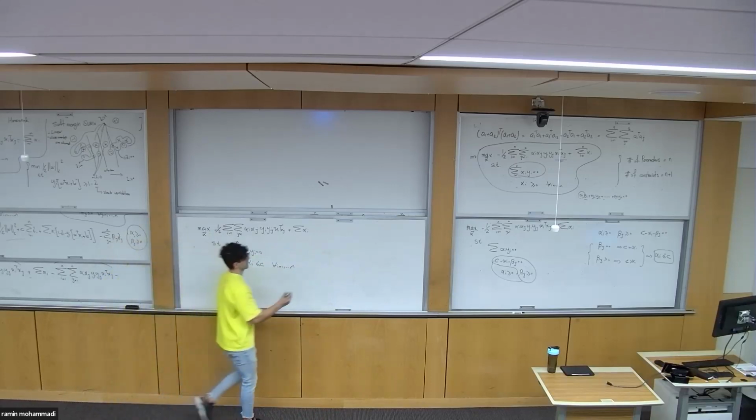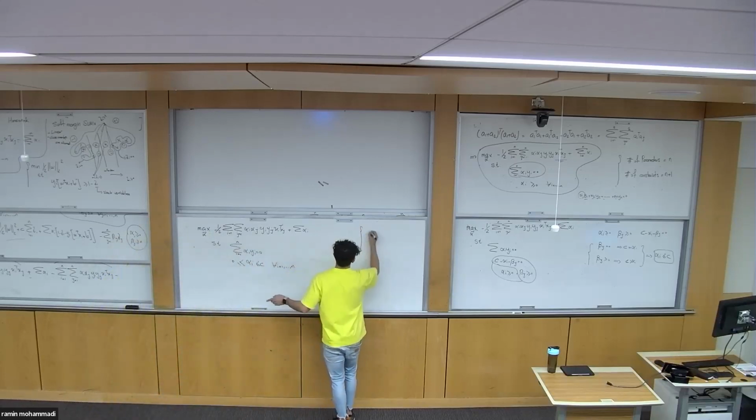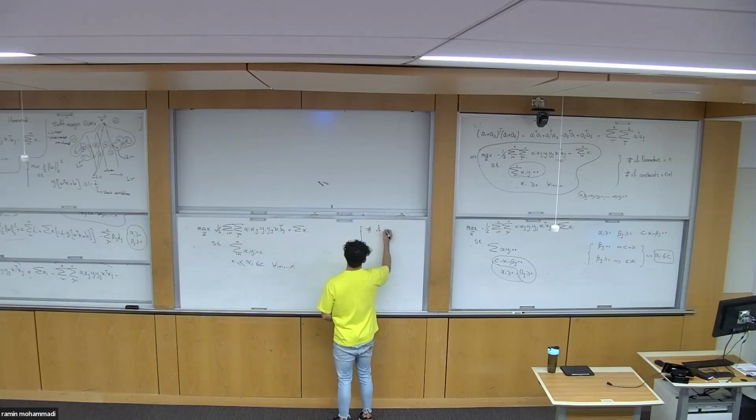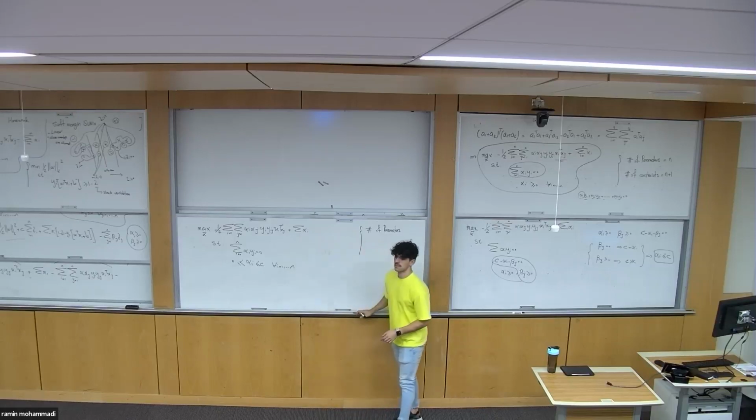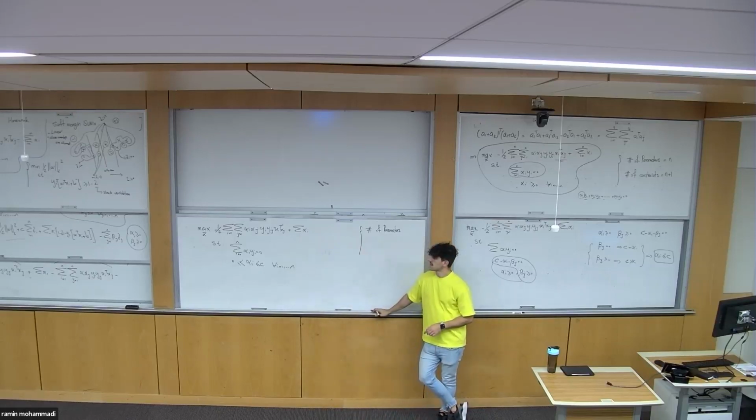So how many unknown parameters do you have here now? C is not a parameter. C is a hyperparameter, remember, like a regularization. What are the parameters, not constraints?